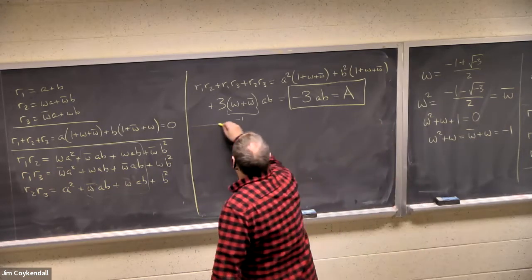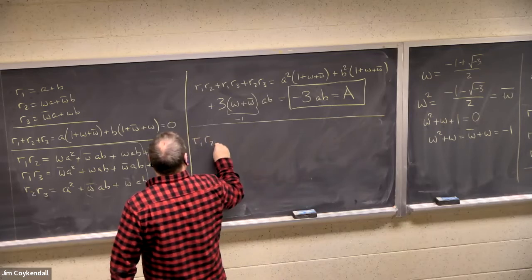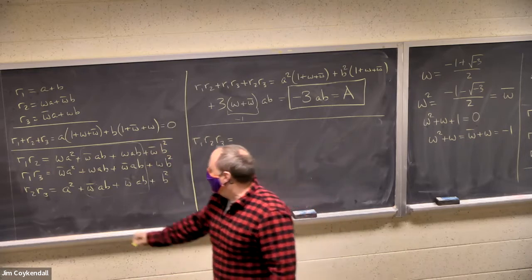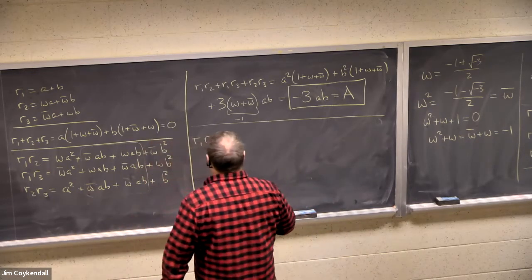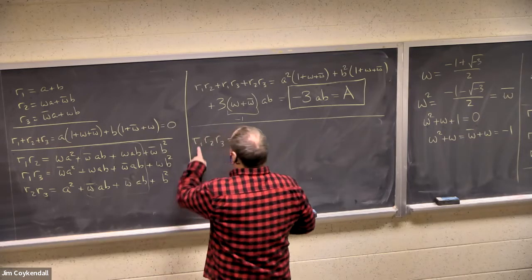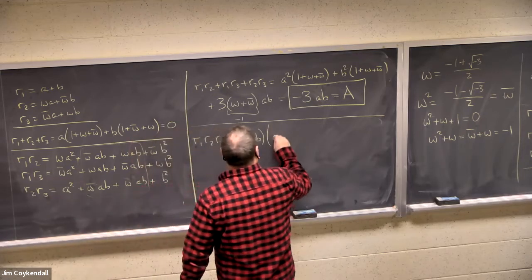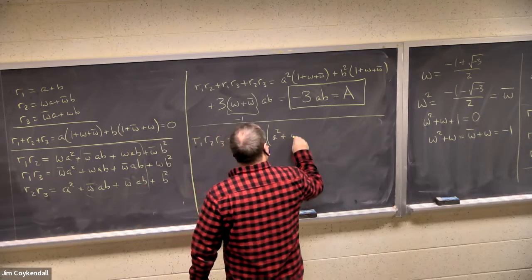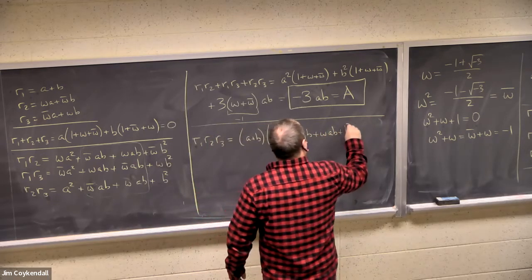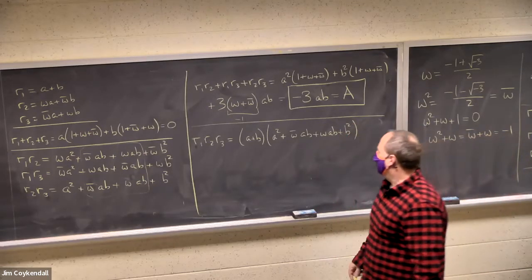The second piece is, let's look at R1, R2, R3. Well, I already know what R2, R3 is. So R1 is A plus B, so there's my R1 bit, and R2, R3 is this. Now let's see what comes out of this.